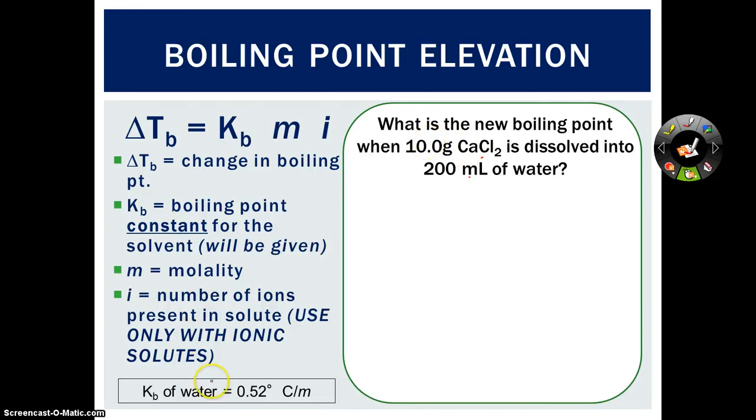Again, I have Kb. I need to calculate m. Let's go ahead and talk about i real quick. I have calcium and I have chlorine. I have 1 calcium, 2 chlorines, so i equals 3. Now let's calculate molality. Take the small number, the 10 grams, then that gets converted to moles.